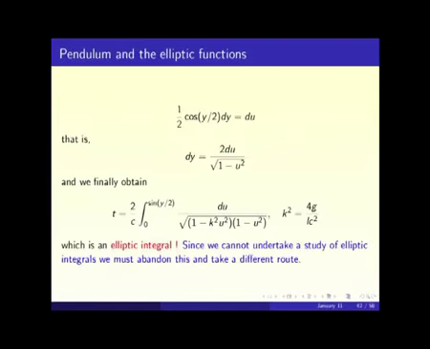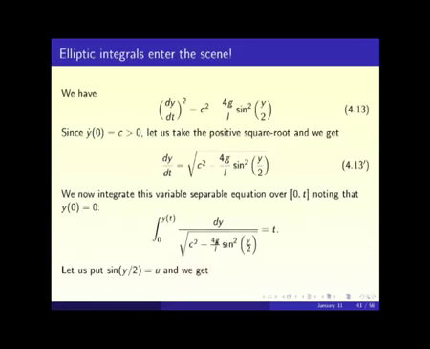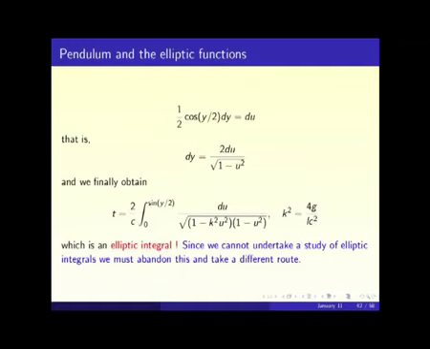We get 1/2 of cos y by 2 dy equals du, or dy equals 2 du by square root of 1 minus u squared, and the integral in the last slide transforms to t equal to 2 upon c times the integral from 0 to sine y by 2 of du divided by the square root of 1 minus k squared u squared into 1 minus u squared. This last displayed integral is an elliptic integral. So, we are naturally led to an elliptic integral in the study of the pendulum equation.